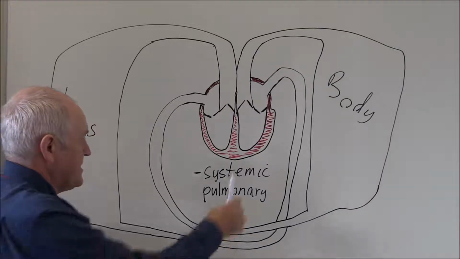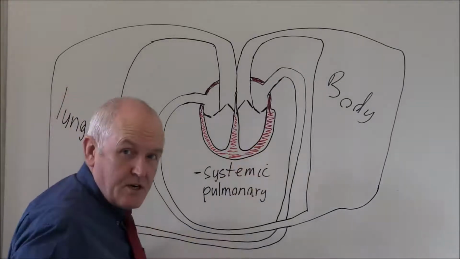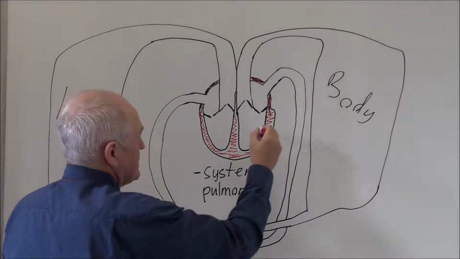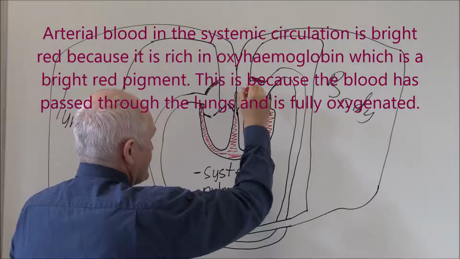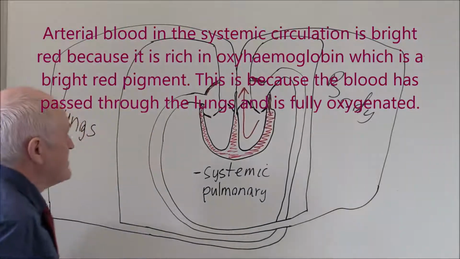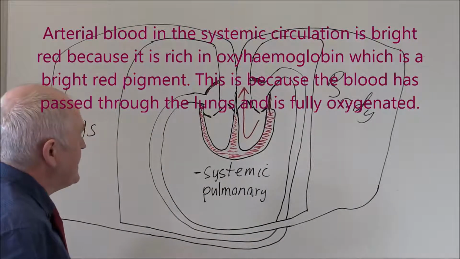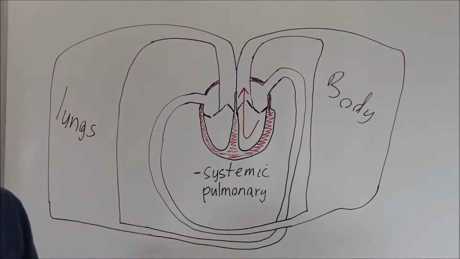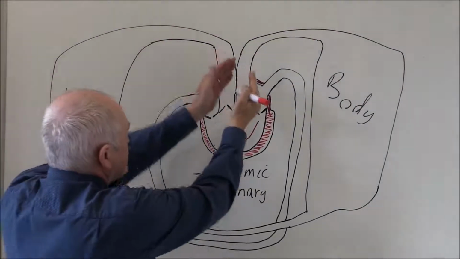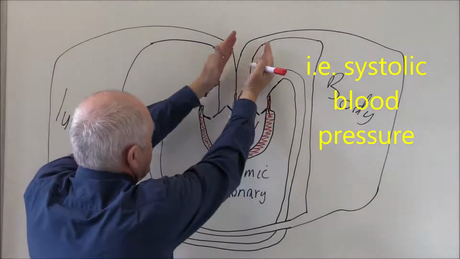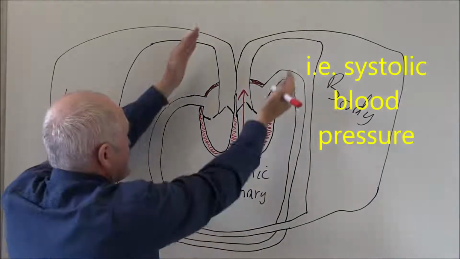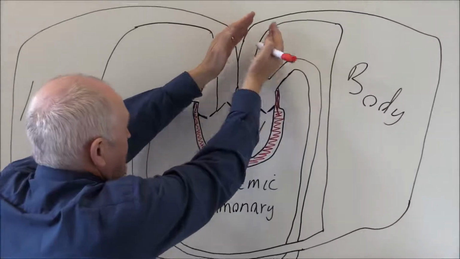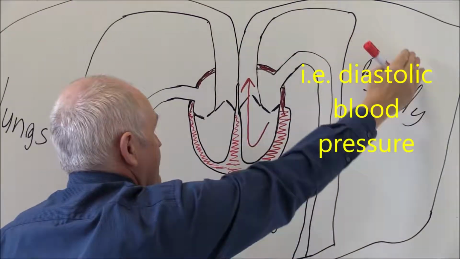Now, the blood in the left ventricle is going to the systemic circulation, so that's going to be bright red. It's going to go through the aortic semilunar valve into the large arteries. As the blood pumps into the large arteries, they're going to dilate, and then elastically they're going to recoil down, smoothing out the blood flow to the body.